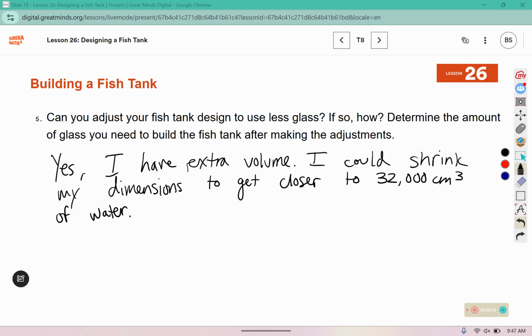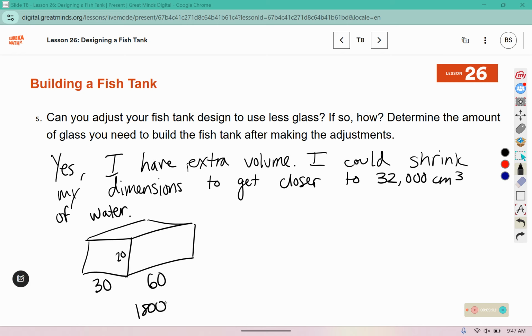So instead of 40 by 70, let's try a 30 by 60 by 20. 30 times 60 for the base is 1,800 times 20 is 36,000.